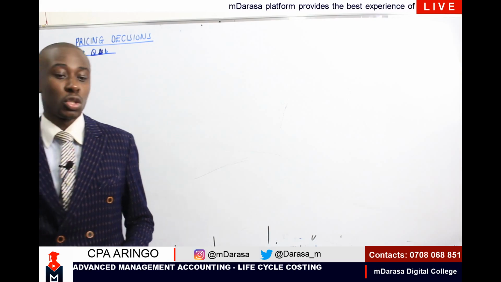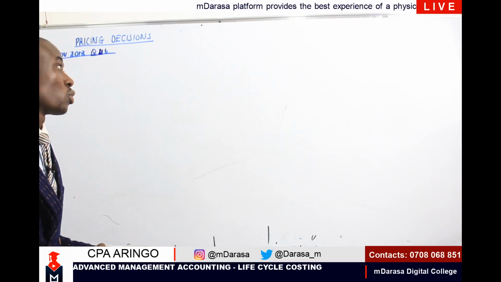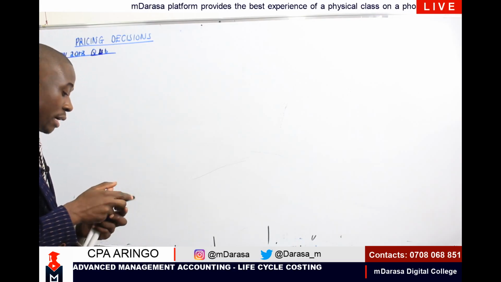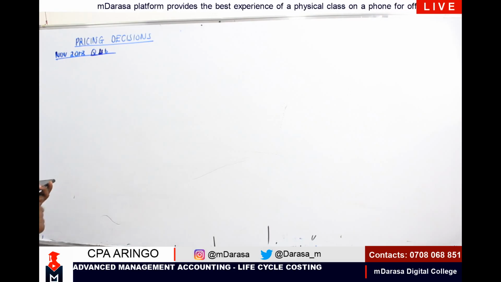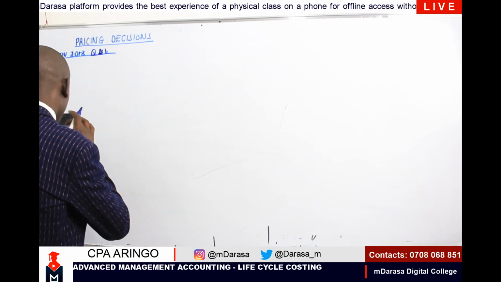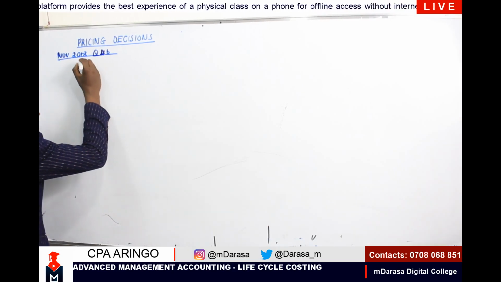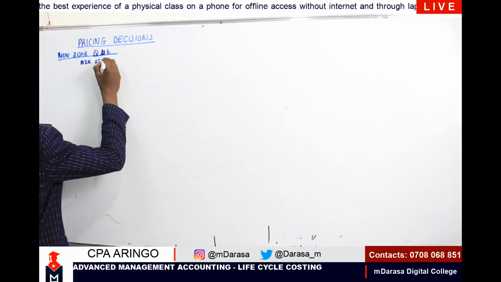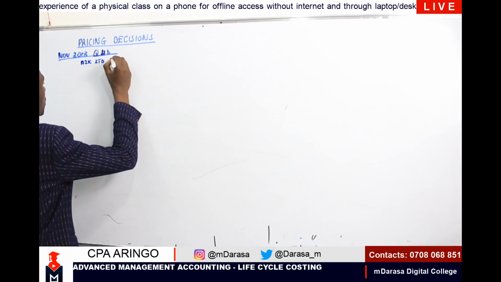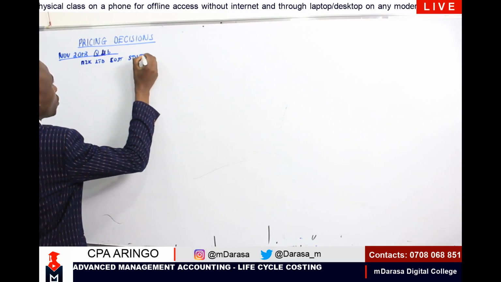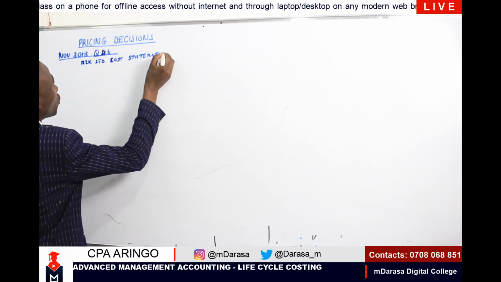Having that question of ours, we are going to start with the costs that I was given. So I need to determine my life cycle cost per unit. We should have the name of the company, AZK Limited. This is a cost statement.